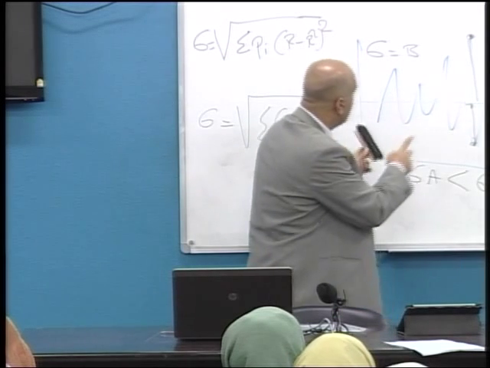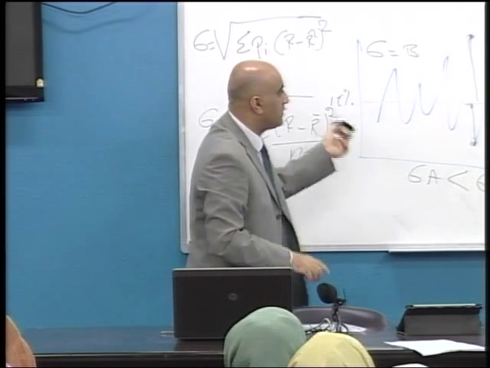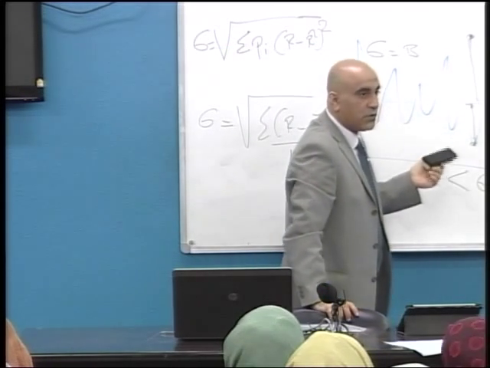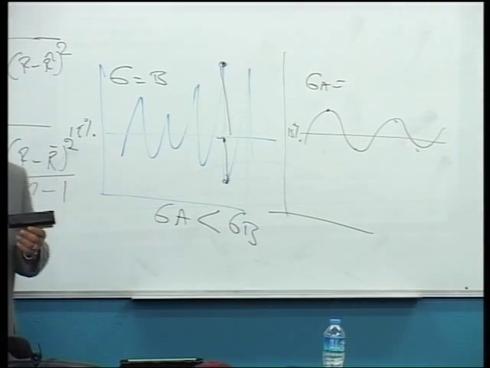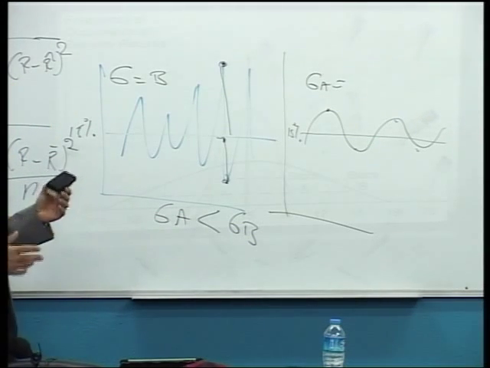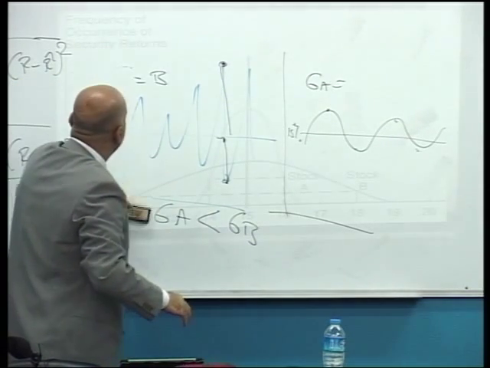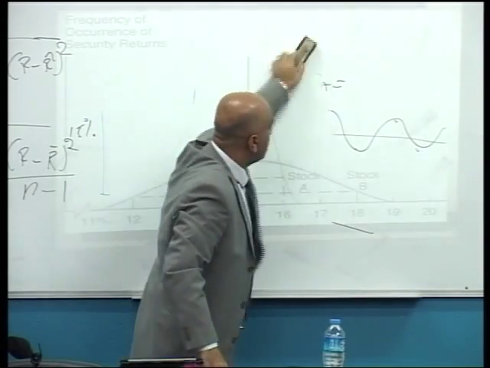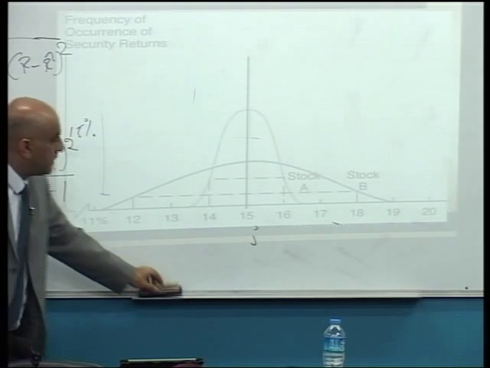So just think of the two stocks. In terms of portfolio, if we combine the two stocks together, the risk of both will offset each other, so we may obtain minimum risk. Again, we will go into details about these two things.